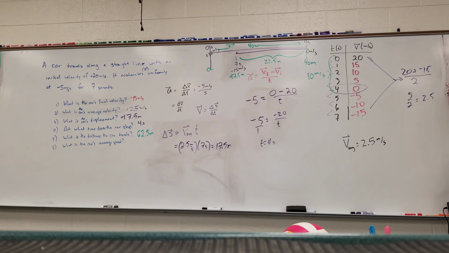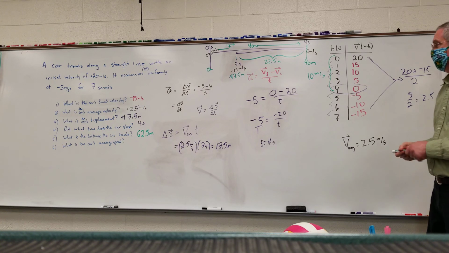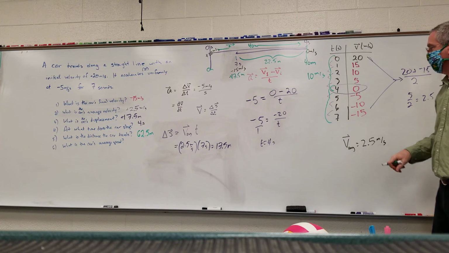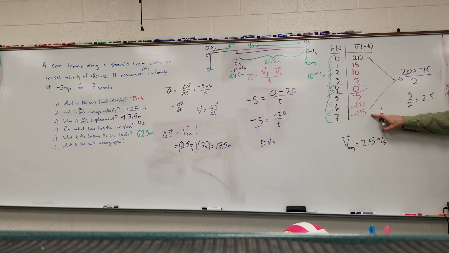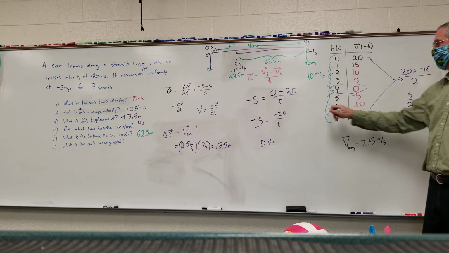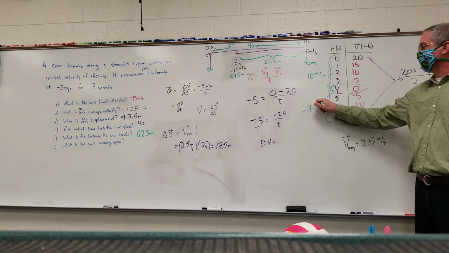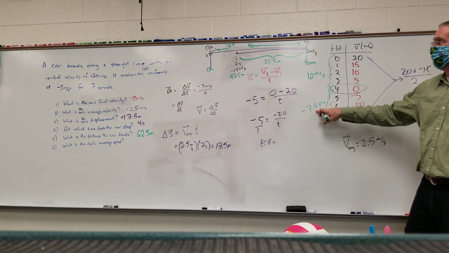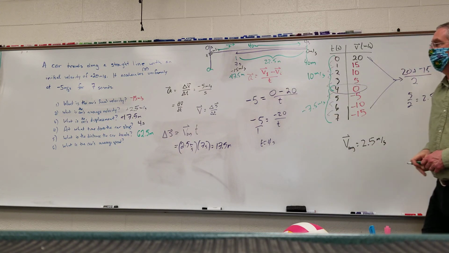We could have also found the 22.5 meters by looking at the average velocity from stopping to the end of the problem, which is negative 7.5 meters per second for 3 seconds. So 7.5 times 3 gets you 22.5.